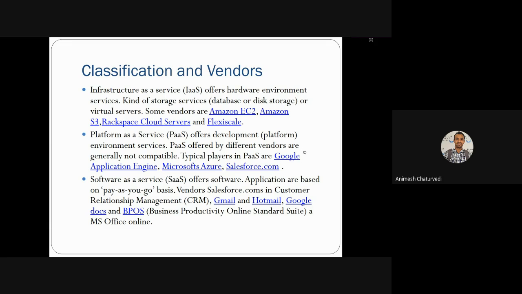Thereafter, software as a service. Software as a service are offerings of some software. These are applications on a pay as you go model basis. So these are like customer relationship management. What it does is, like you are running a hospital.